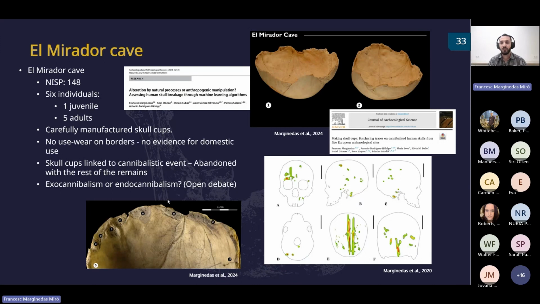Moreover, the absence of use wear along the edges does not suggest a repetitive or practical use of the skull caps. So the skull caps appear to be directly linked to the cannibalistic event and were likely abandoned together with the rest of the human remains after fulfilling their role in the practice. At present, the interpretation of the context remains a little bit open, as it could represent either exocannibalism or endocannibalism.